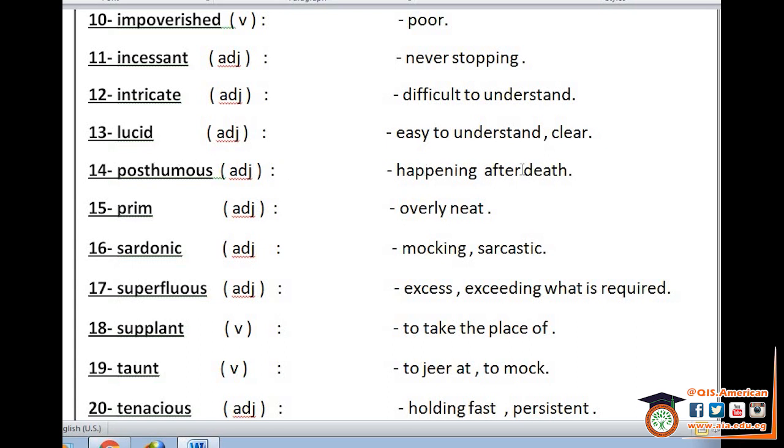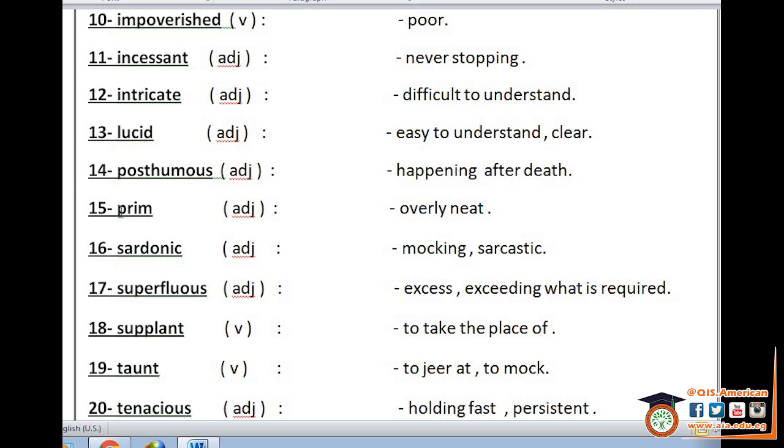This is happening after death. See this prefix, post? What do you mean by this prefix, post? Post like after, like postgraduate studies, post-war, and so on. It is after. So posthumous means happening after death.